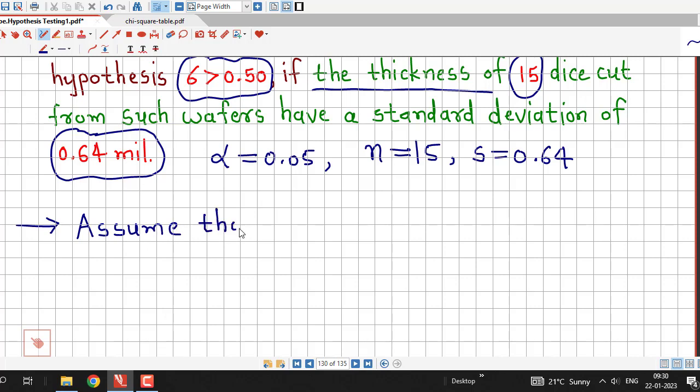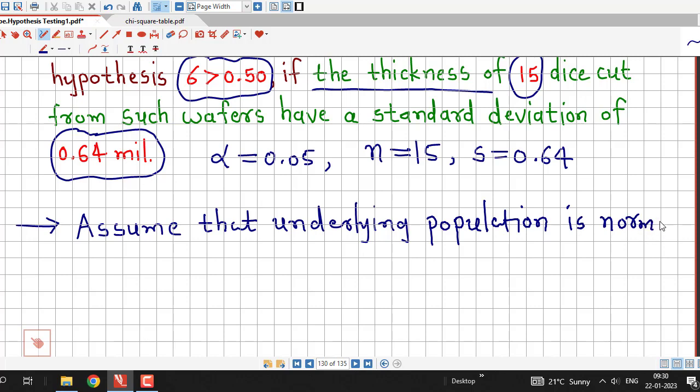Because it is not given in the question that the population is normal, we can assume that the underlying population is normal, so that we can use that chi-square test.